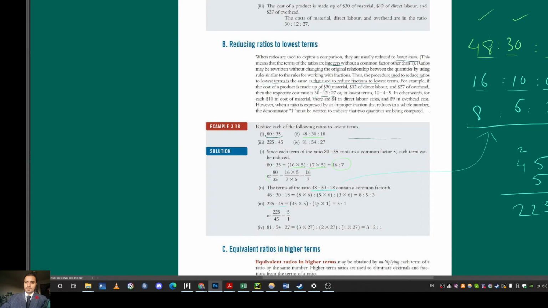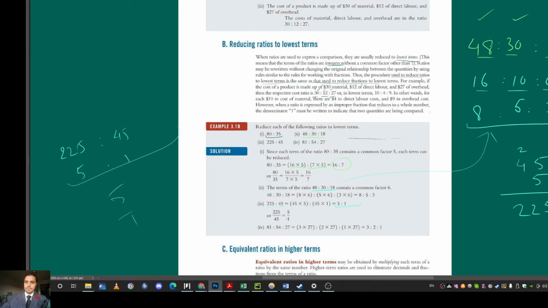So we are left with 5 ratio 1. It's saying the common factor is 45, so 45 times 5 is 225, and 45 times 1 is 45. So we write it down like that, right? Or we can write it down like that, whatever.